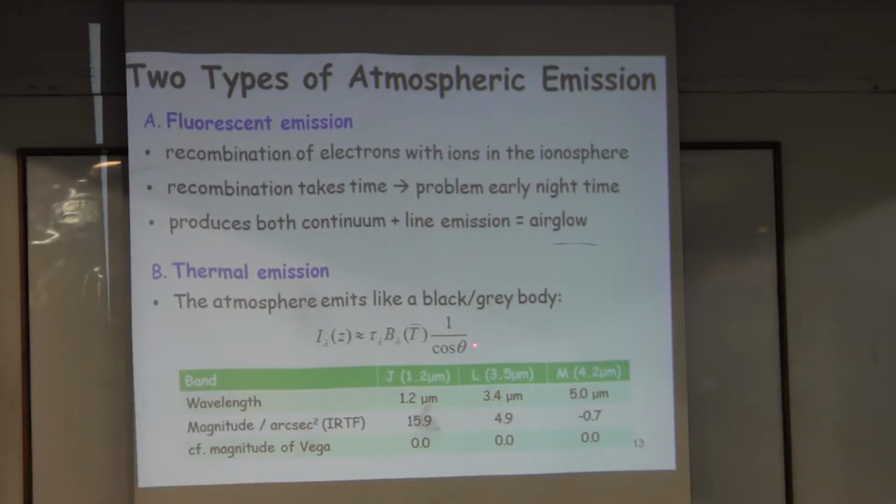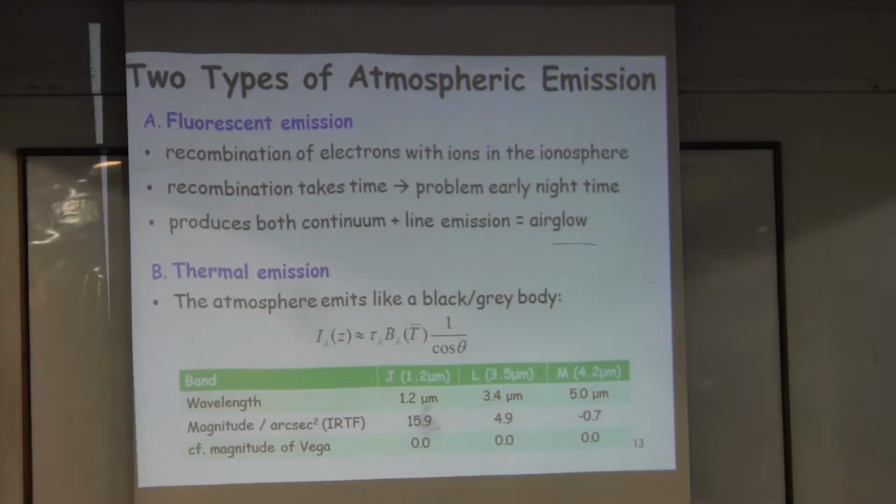So what's theta? No, not quite. This is a very simple geometry. It's simply the zenith angle. Because what counts here is, of course, the more atmosphere you see, the more emission you see.